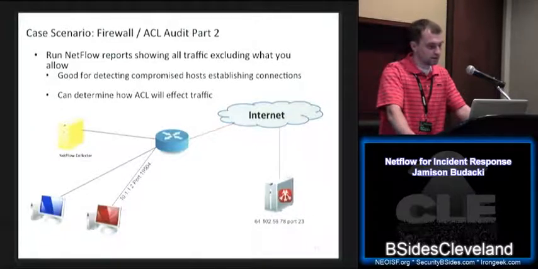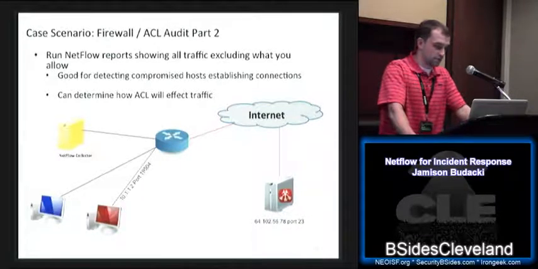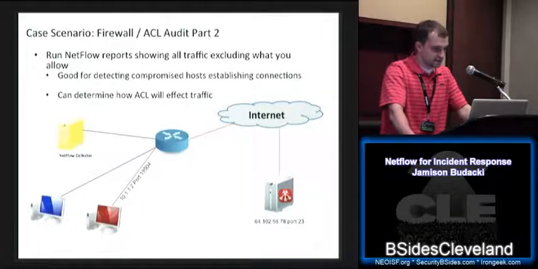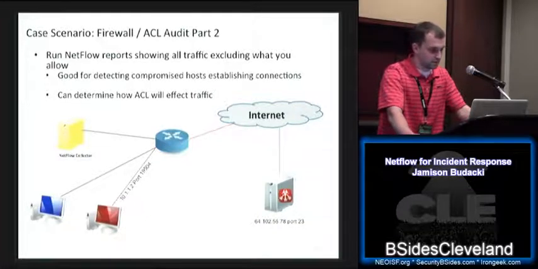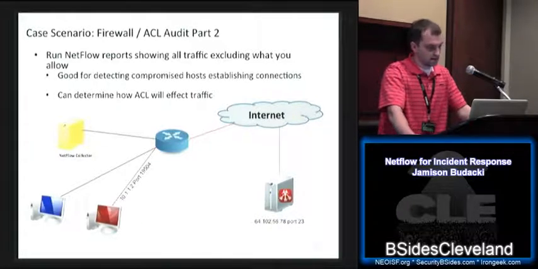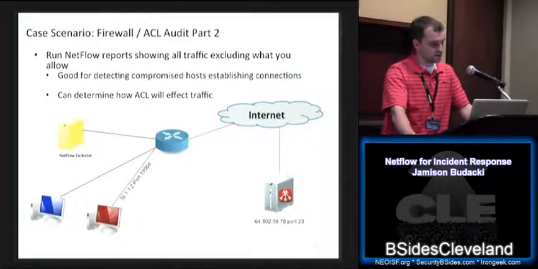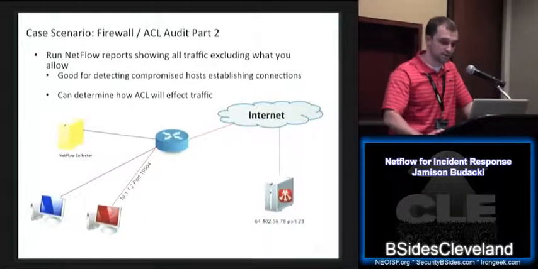So you're going to want to run a NetFlow report showing all traffic, excluding the traffic that you allow. In this example, you can see the ACL is letting a host talk over port 19504. This is good for detecting compromised hosts establishing connections. It also helps you to determine how an ACL will affect traffic.